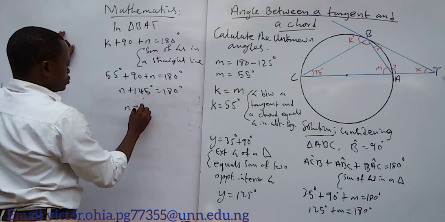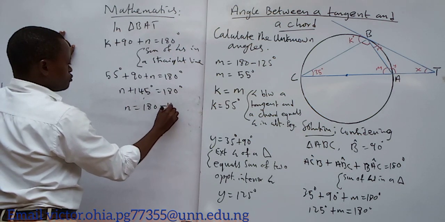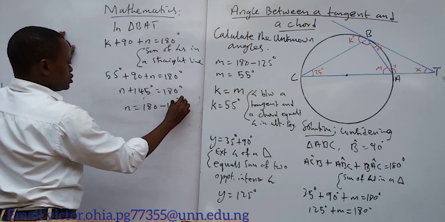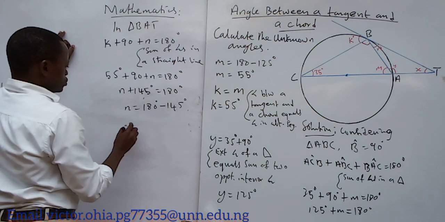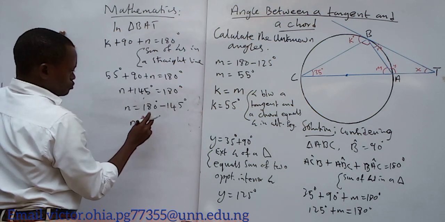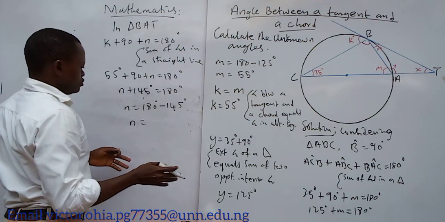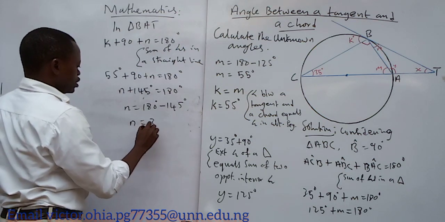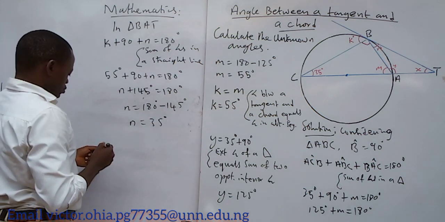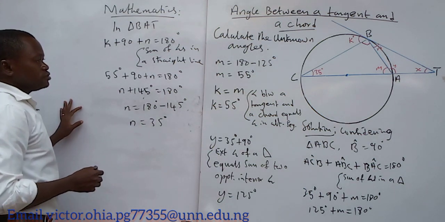N is equals to 180 minus 145 degrees. So we have n to be 180 minus 140, remaining 40. 40 minus 5 is 35. So n is 35 degrees.